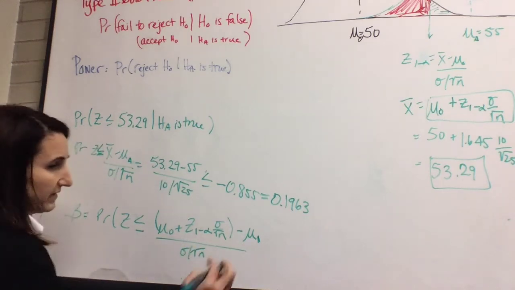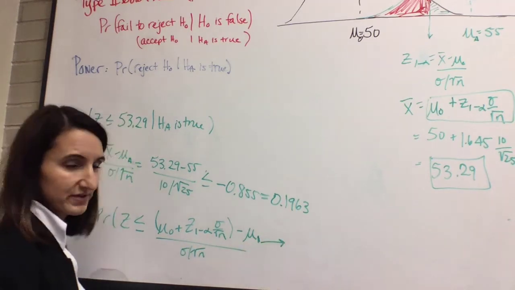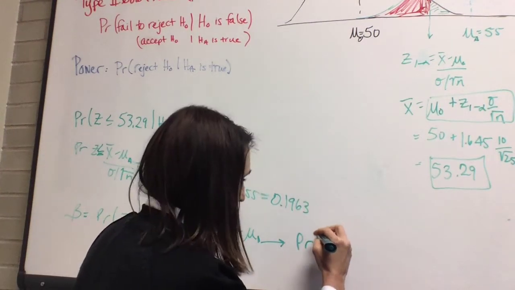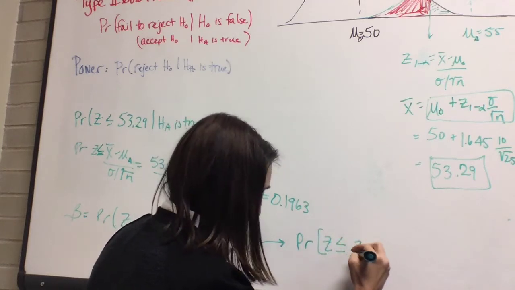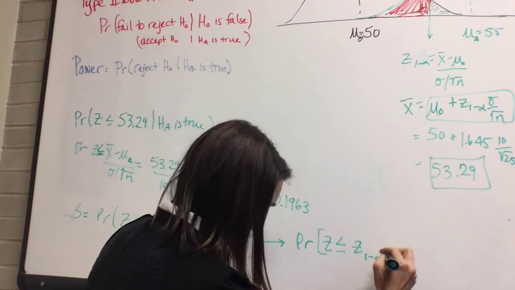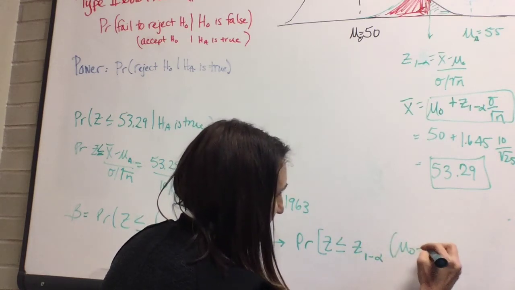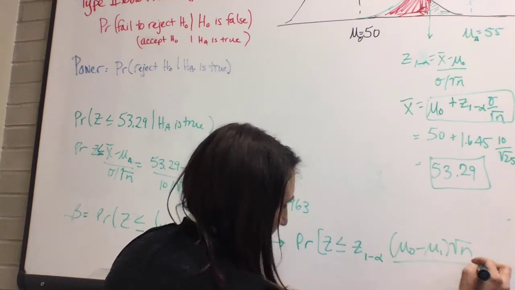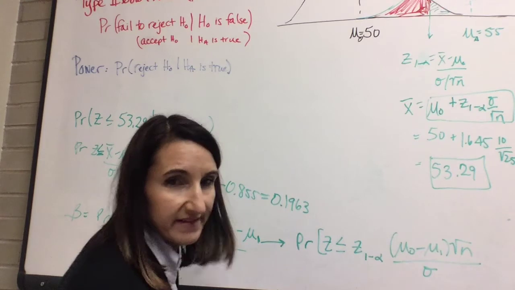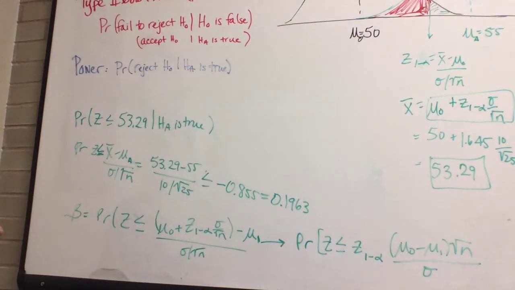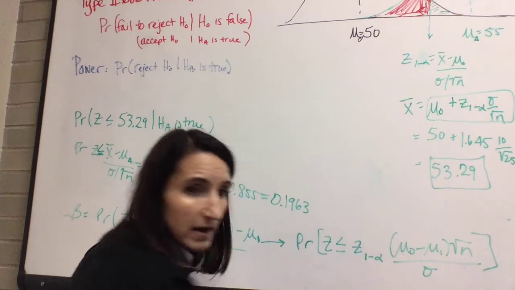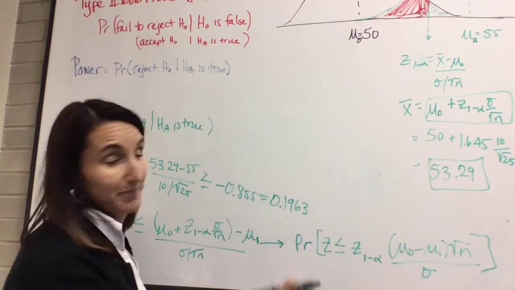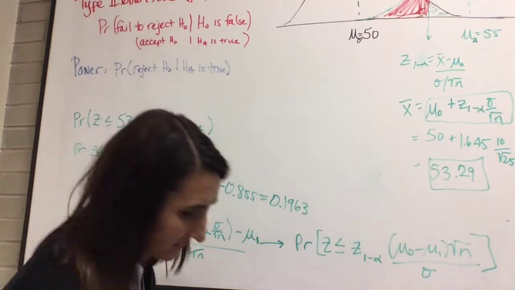Then we're just going to do a little bit of algebra rearrangement, and so we get a general expression for beta. It's the probability that Z is less than or equal to z 1 minus alpha, plus the quantity mu naught minus mu1 times radical n divided by the standard deviation. So that's a general expression for beta, and from that we can get a general expression for power.